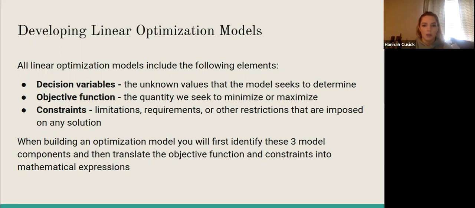The next element is the objective function, and this is the quantity we seek to minimize or maximize. An example of this would be wanting to maximize profit or revenue, or wanting to minimize cost or some measure of risk. The final element is constraints, which are limitations, requirements, or other restrictions that are imposed on any solution.